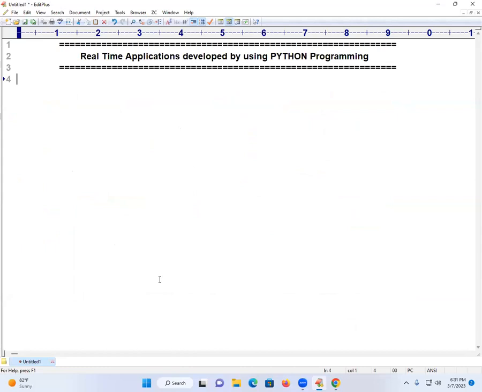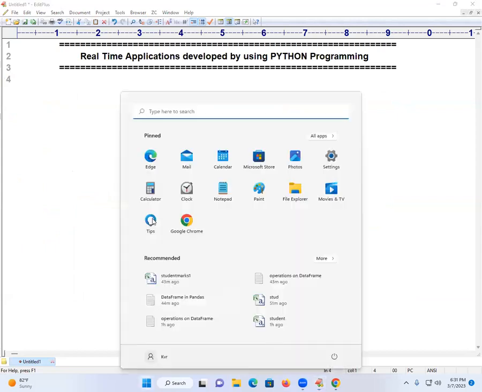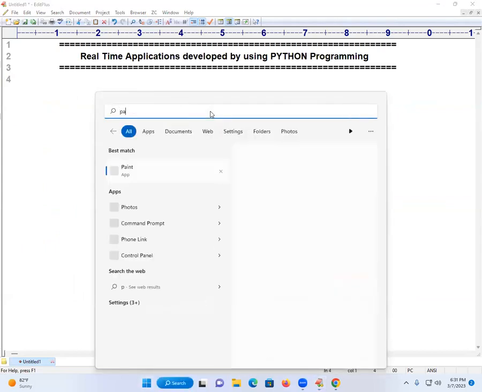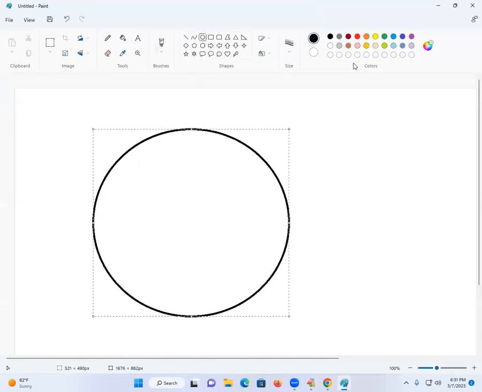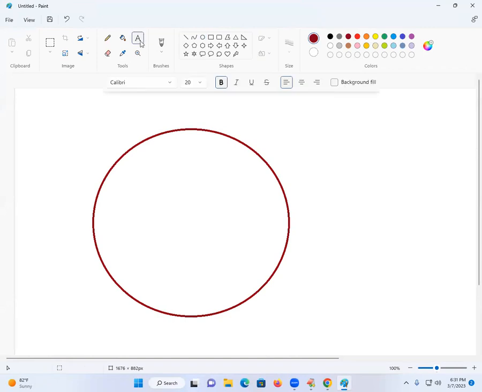Okay, students? Today I'm going to give you a small diagram and introduce my subject. In information technology, I'm going to talk about the role of Python language.